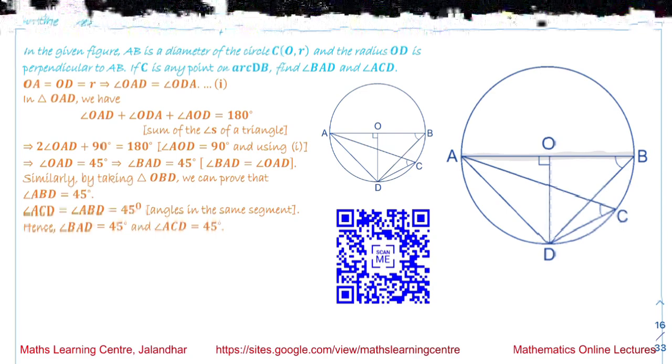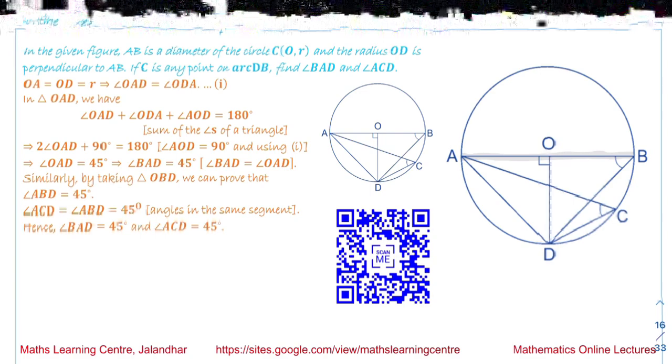If we look at triangle AOB, we have root 2 squared plus root 2 squared, which is equal to 4, and that is equal to 2 squared. This proves that the triangle is right angled, right angled at point O. If the angle at O is 90 degrees, then this angle will be half of it, so it will be 45 degrees.